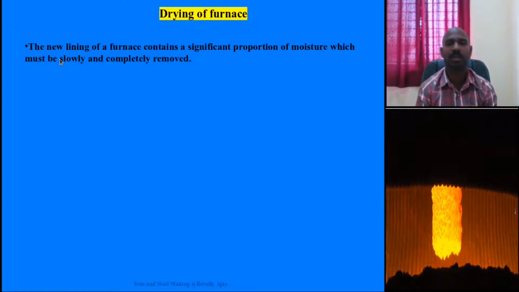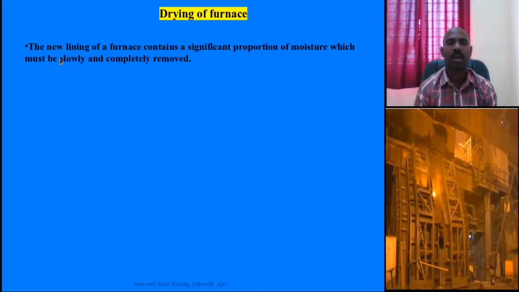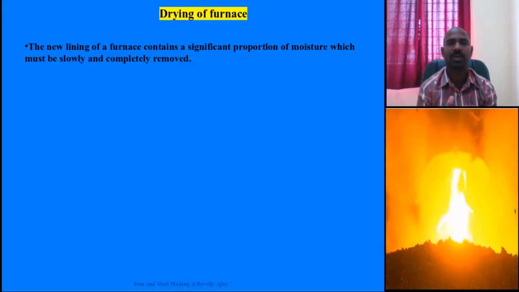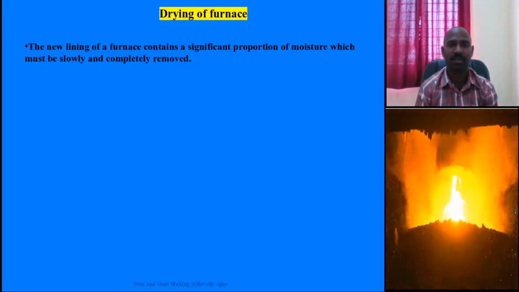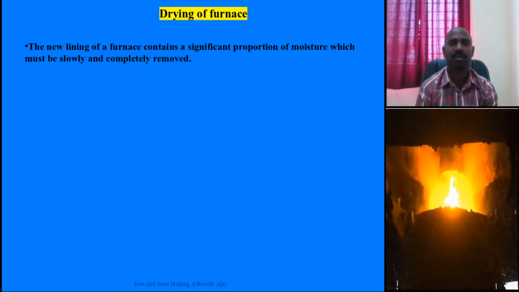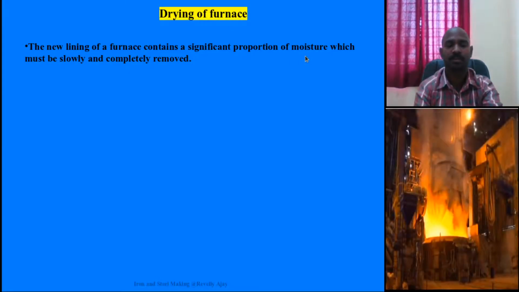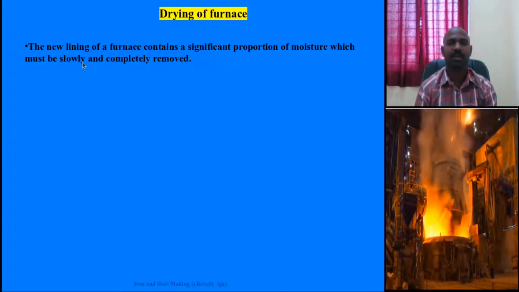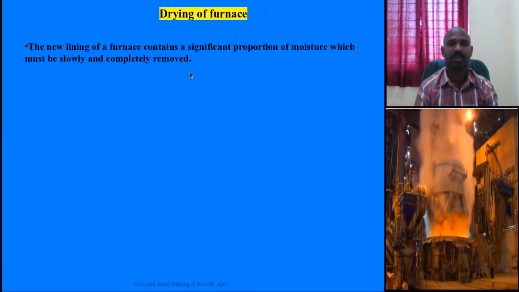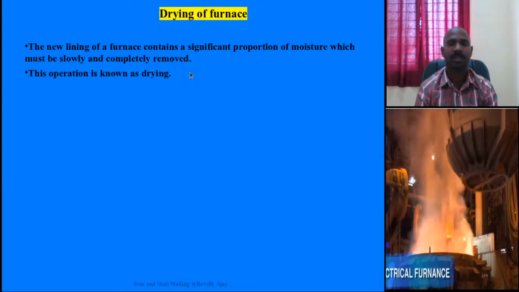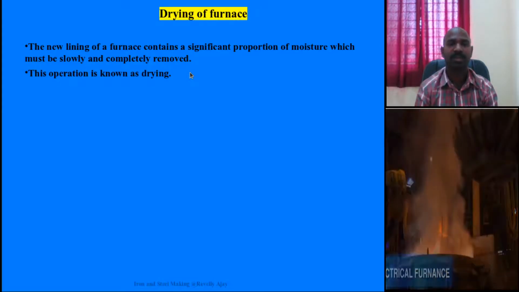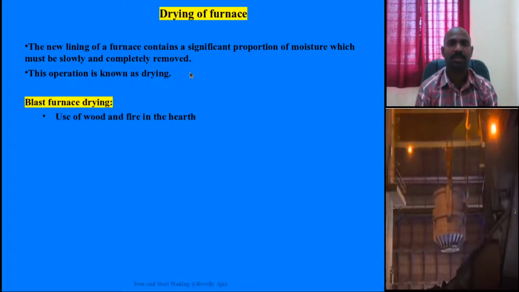Now coming to the drying. Why do you need to dry? When you have done the new refractory lining for any of the furnaces, a significant proportion of moisture will exist. You need to remove it slowly and completely. How do you do it? You need to dry by means of a series of processes.